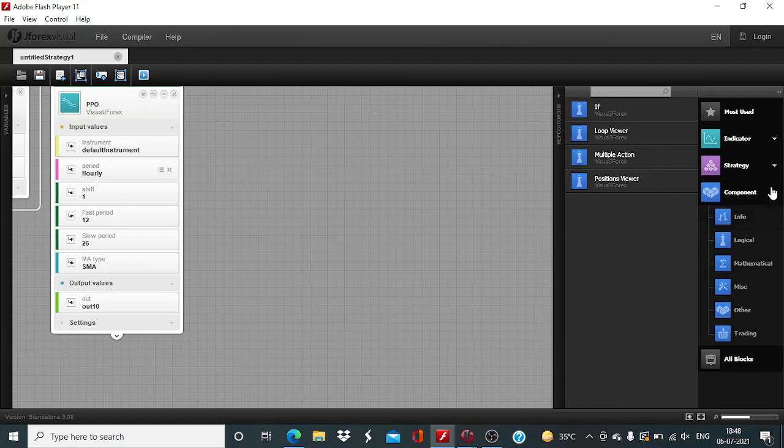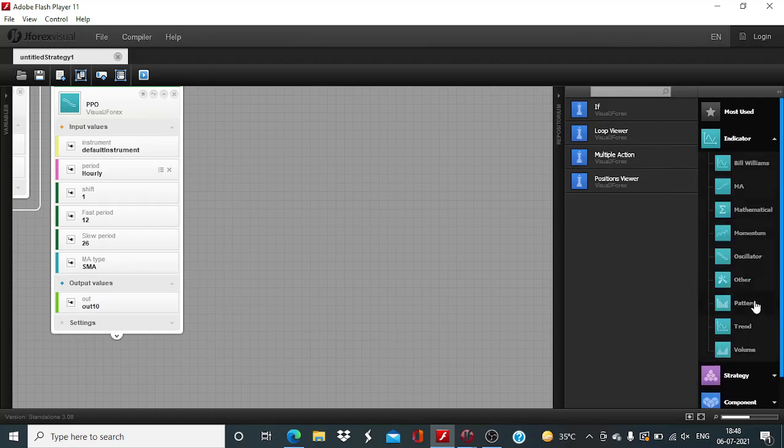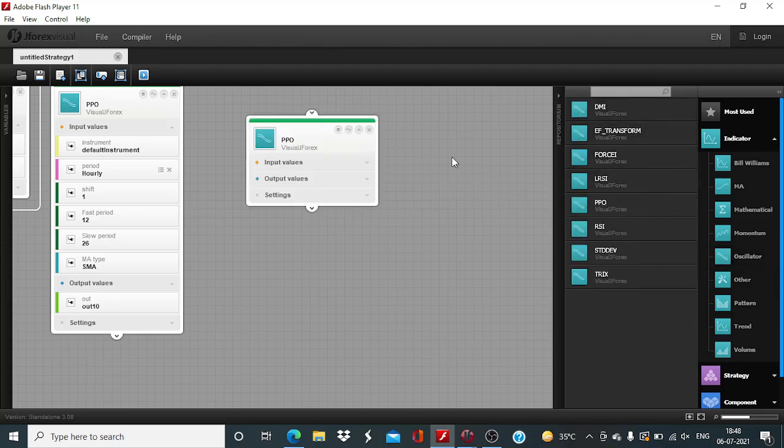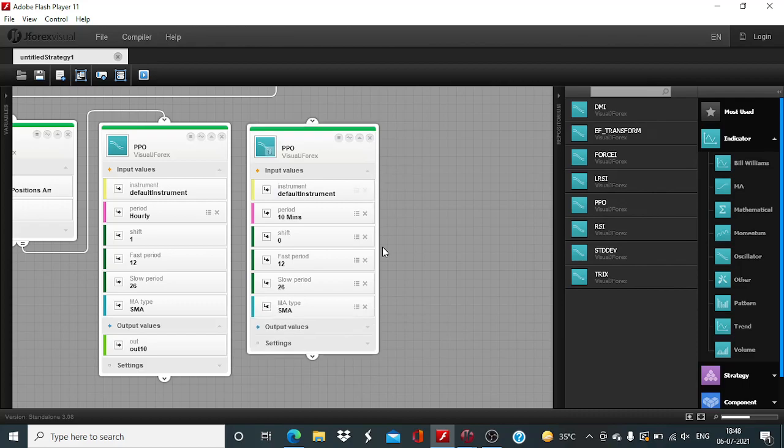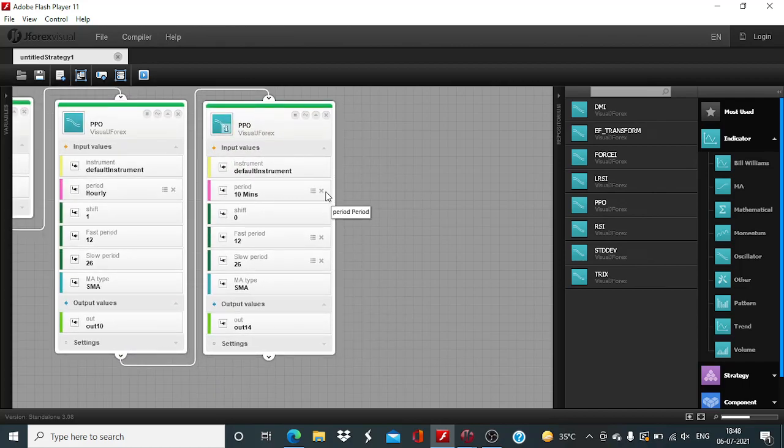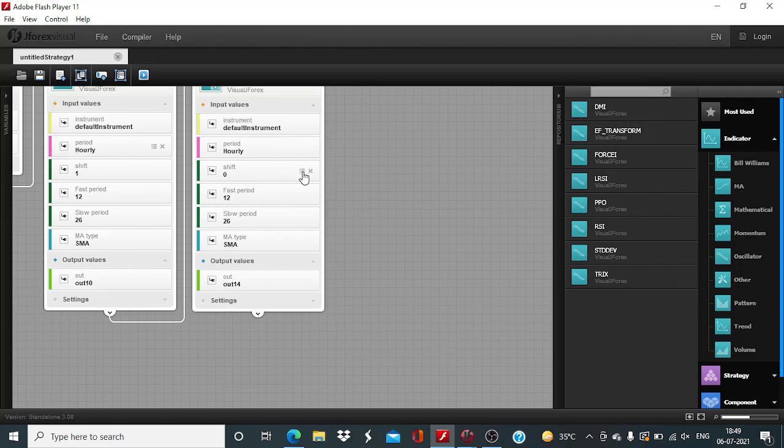I will have to add one more of this block, PPO. Here the shift is going to be 3.